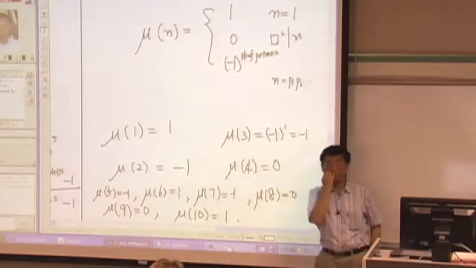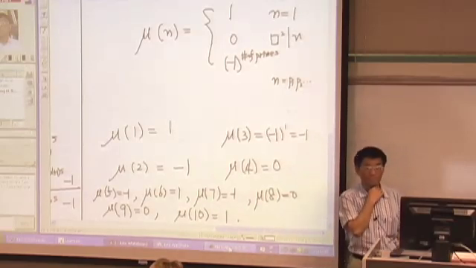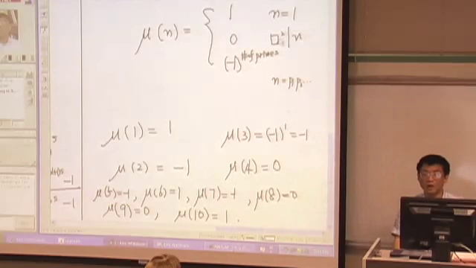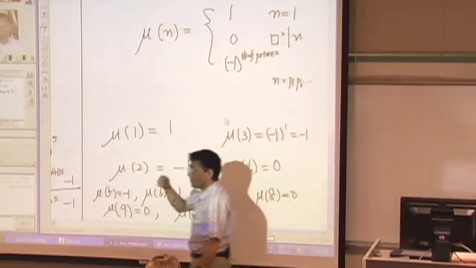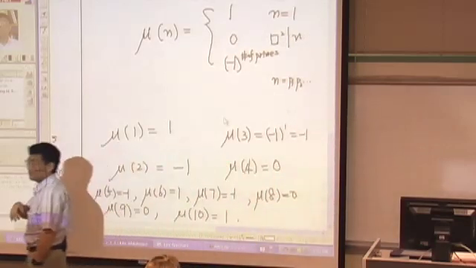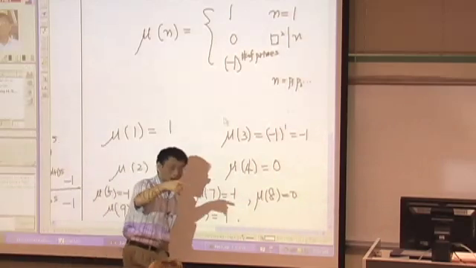Yes? Why is mu of 8 zero? Because 2 squared divides n. 2 squared divides 8, right? So if the square of any number divides it, then it's 0. Like, for instance, 100 is divided by 2 squared, so it is 0.